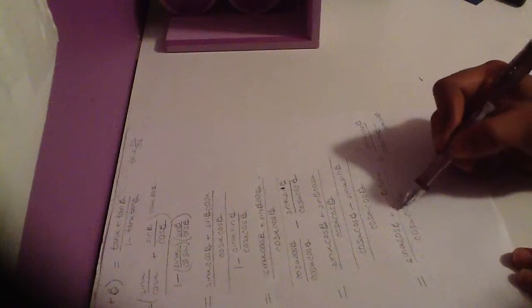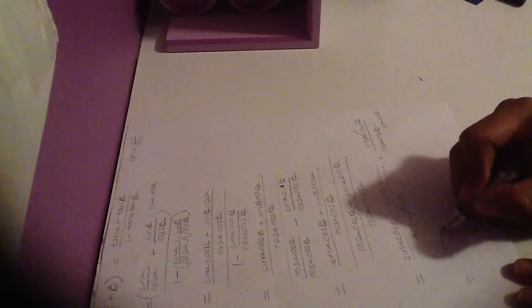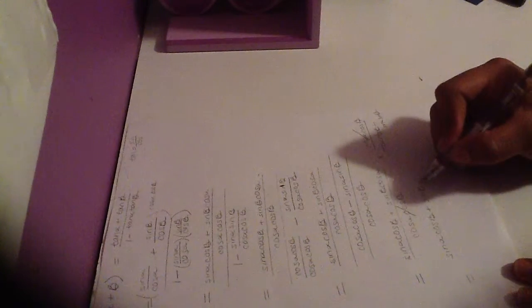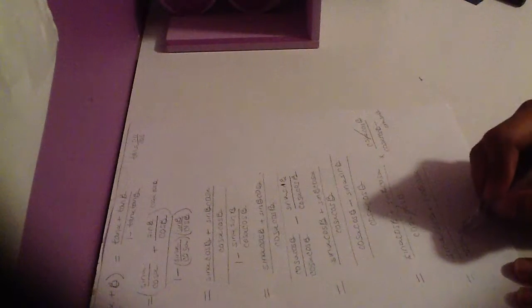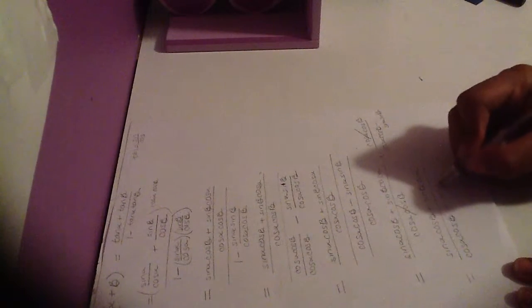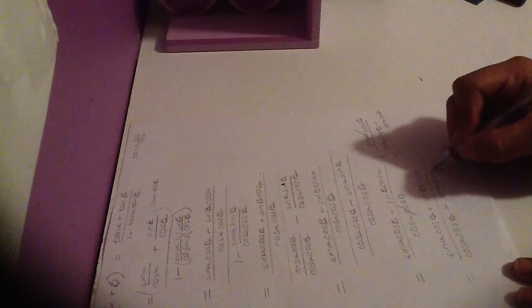Now, the denominator here and the numerator here will cancel out, and then you get sine of alpha times the cosine of beta plus the sine of beta times the cosine of alpha over cosine of alpha times the cosine of beta minus the sine of alpha and the sine of beta.